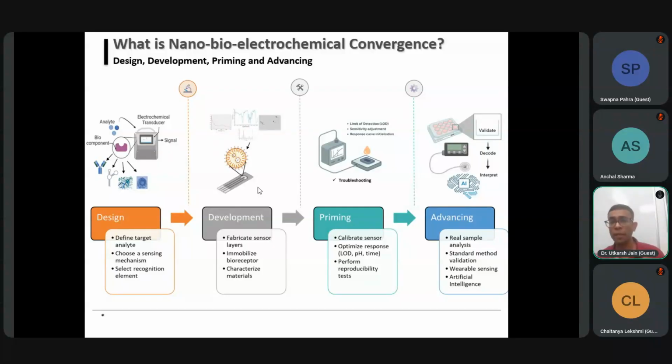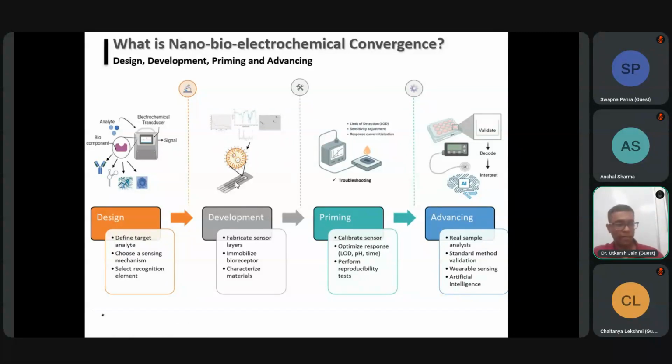In that sense, nanomaterials are really useful, as they amplify and multiply those signals so that we can get the information properly and convert that signal into a detectable form. So there are a couple of parameters we need to think about while developing a biosensor, and each characterization step is very important to get an optimized sensing performance.